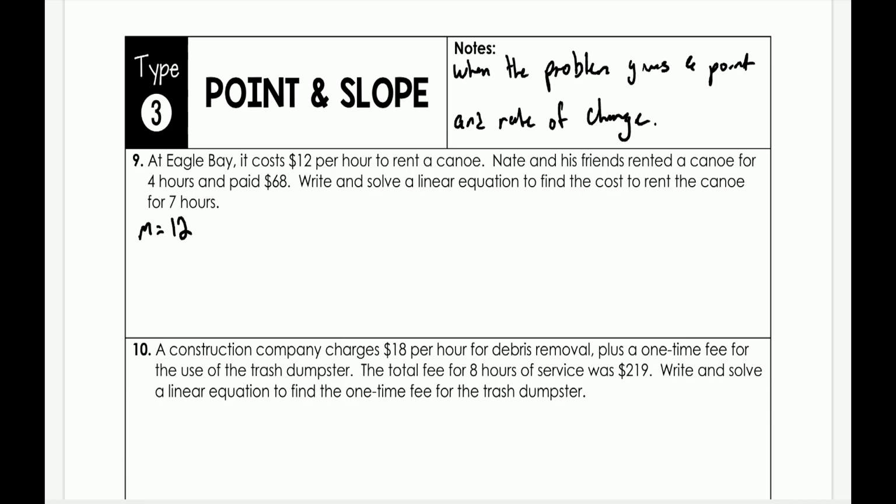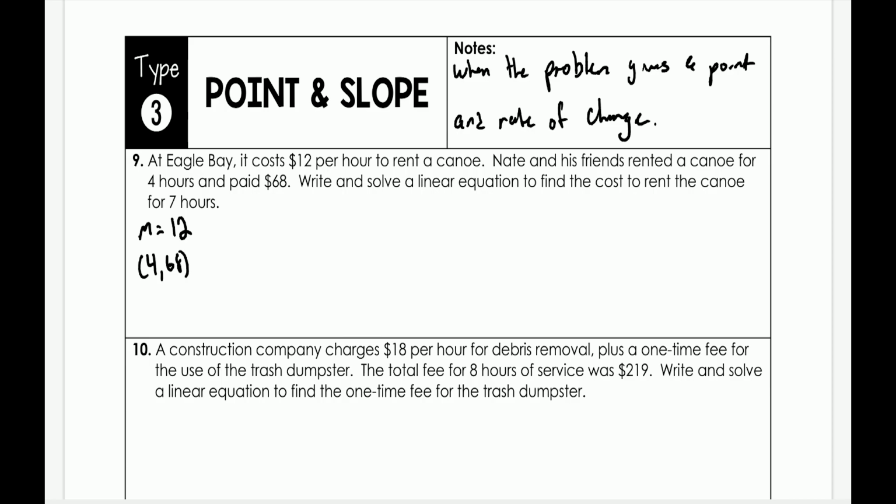And the point, we know that they paid $68 for 4 hours, so we're going to have the point (4, 68), where we have hours, total cost. So if they spent 4 hours, they paid $68. Now, given this information, we now have a point and a slope.